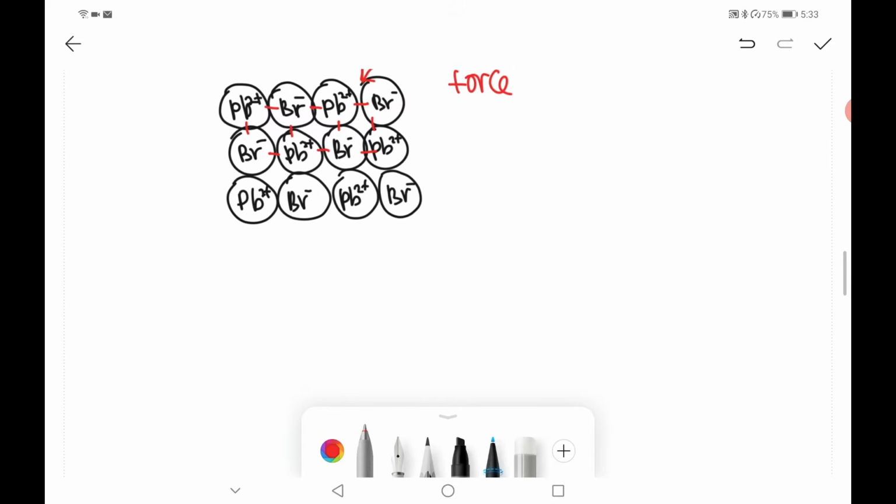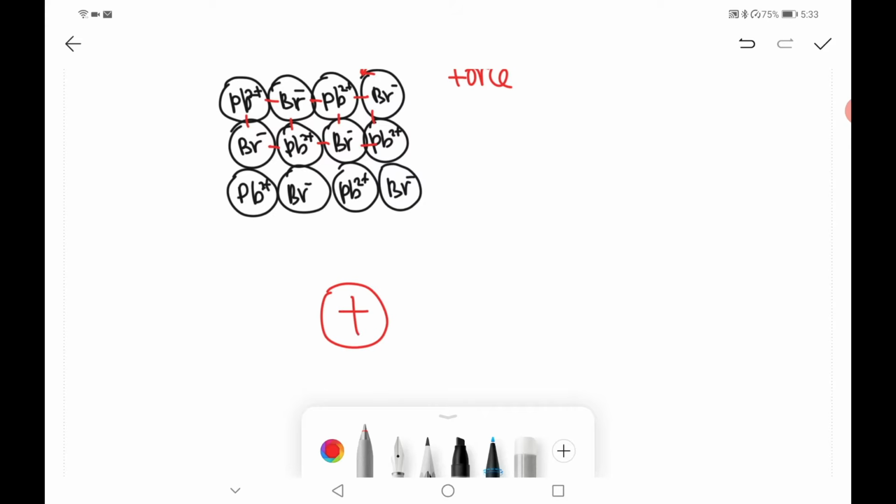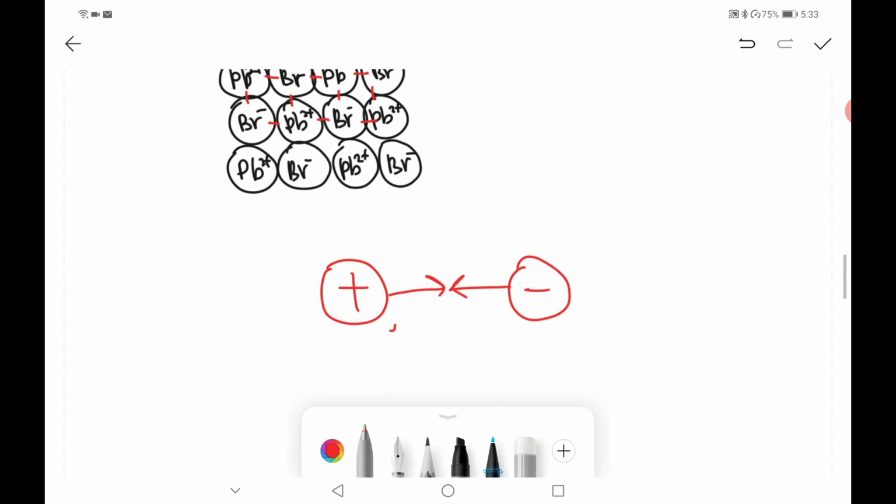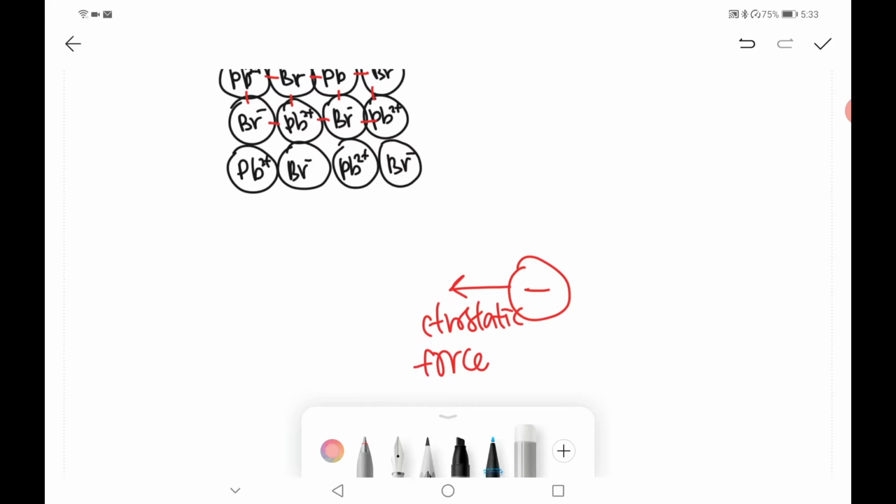Remember, when you have a positive ion and a negative ion, opposite charges will attract. This attraction is called electrostatic force. Electrostatic force is the force of attraction between opposite charges.